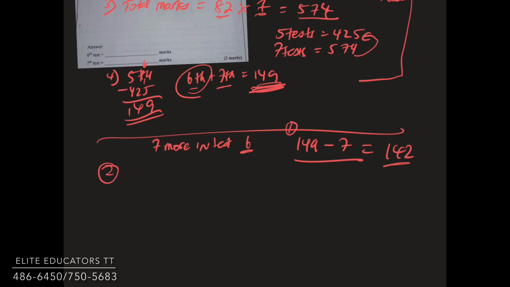Step 2 is to go back to equal sharing. We divide them equally. We have 2 tests, the 6th and 7th. 142 divided by 2 gives us 71.